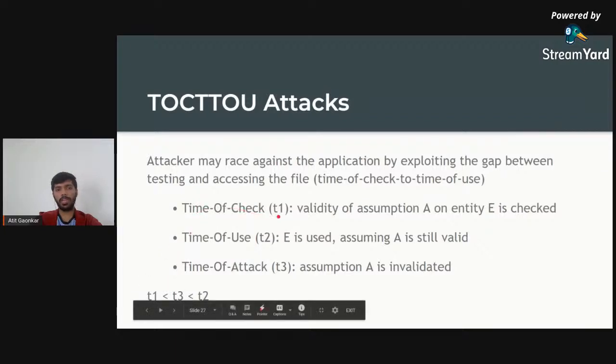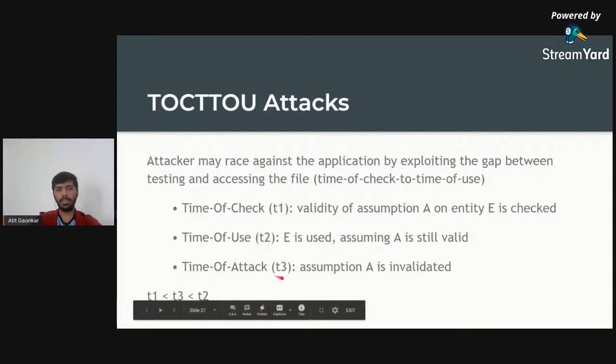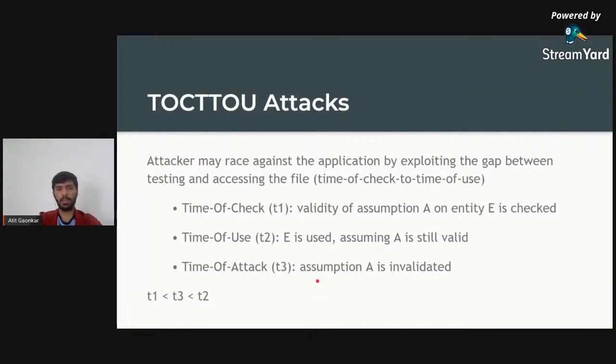So, time of check is say T1, where the application validates an assumption on the file. Now, time of use is where the file is actually used or accessed. And the time of attack is, say, where an attacker is trying to attack the file.